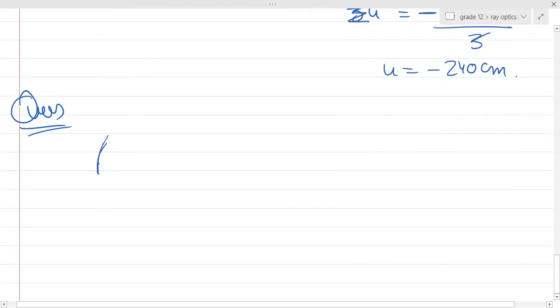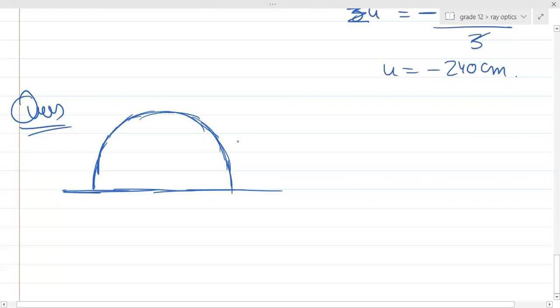The figure shows a glass hemisphere, not a spherical dome, a hemisphere of radius R, which is placed on a white horizontal sheet.